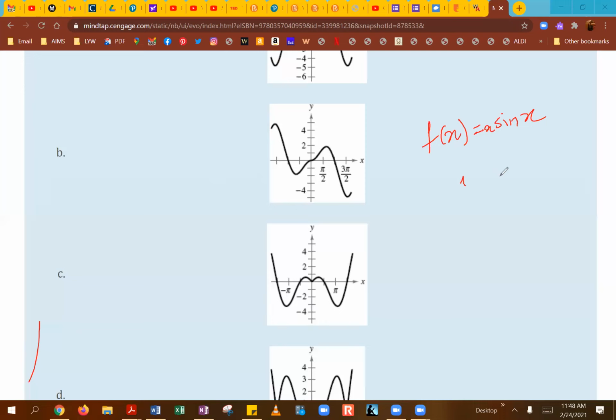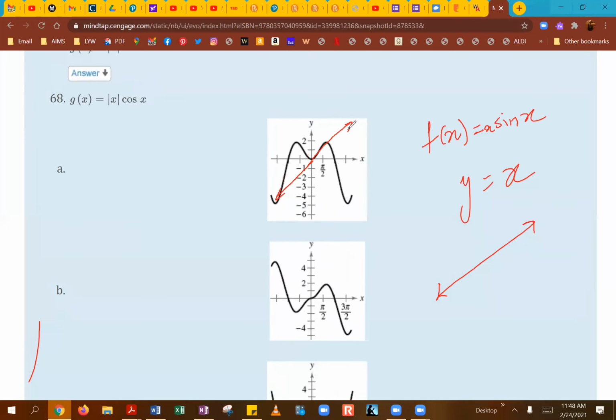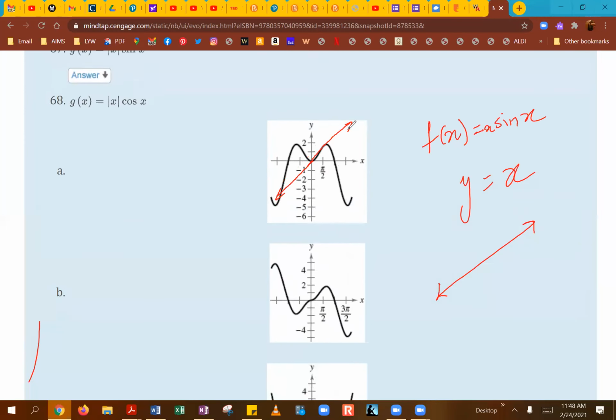If you think about that line, y equals x, it is a line that has a positive slope going up. So you can almost imagine that line restricting this graph over here. So this guy is definitely looking very promising. Now, if you just move this line to graph A, you will see it's not quite restricting, especially on that left-hand side, because we have this little bump which is going up here.